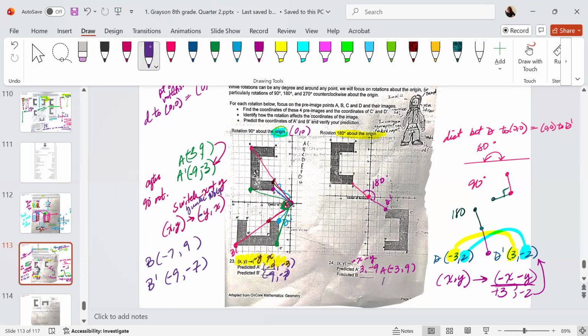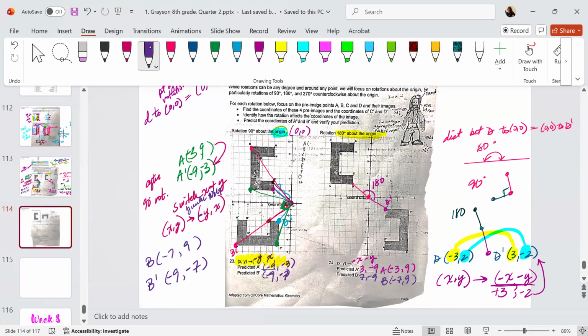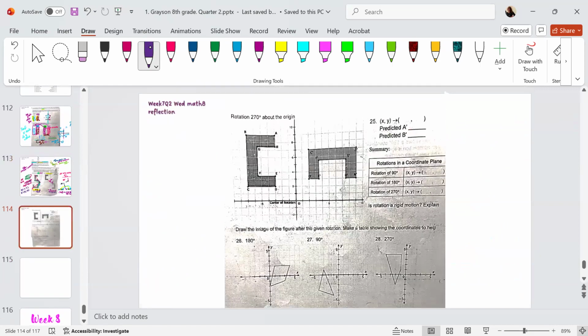You got it. Now, what's the B coordinate? Where is it? -7 and 9. Okay, so if it changes, what would it be? 7 and -9. There you go. Did you get it now? Yes. Okay, let's go on to the next one.